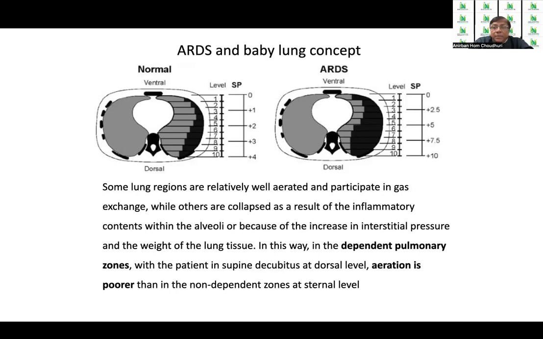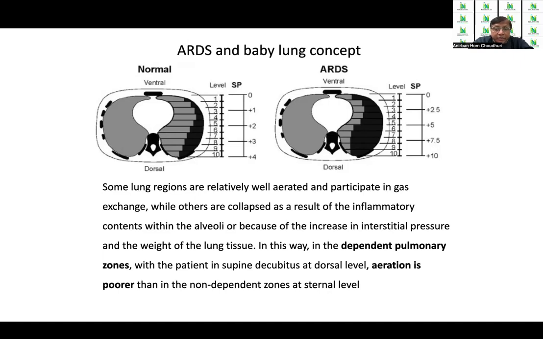Whenever we want to apply the optimal PEEP, we want to ensure that these alveoli open up and participate in gas exchange, without the cost of causing barotrauma in the normal alveoli, which are already participating in gaseous exchange and where excess pressure may be harmful. This is the reason why we need to titrate the PEEP and check what the optimal PEEP should be while ventilating a patient with ARDS.